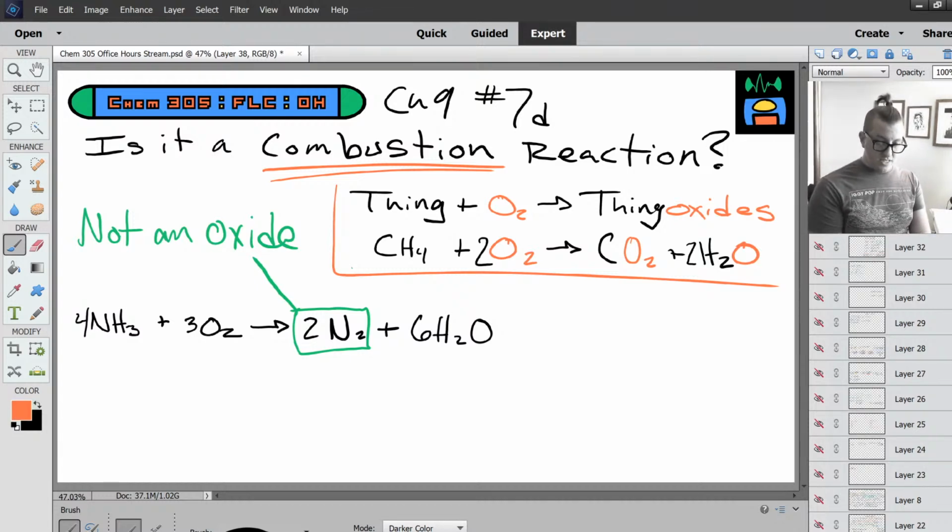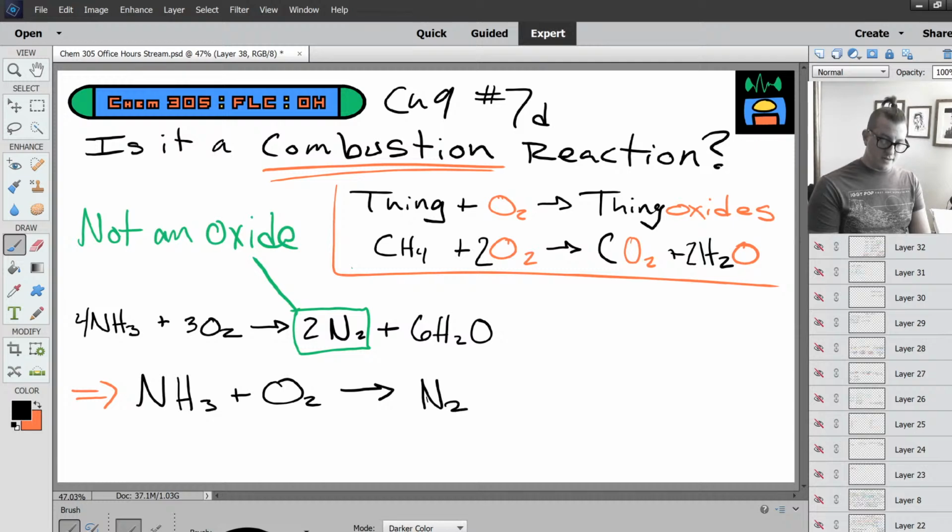So if you wanted to write the combustion reaction for ammonia, NH3, the products would need to be, let's see, probably some nitrogen oxide like N2O4 plus H2O.